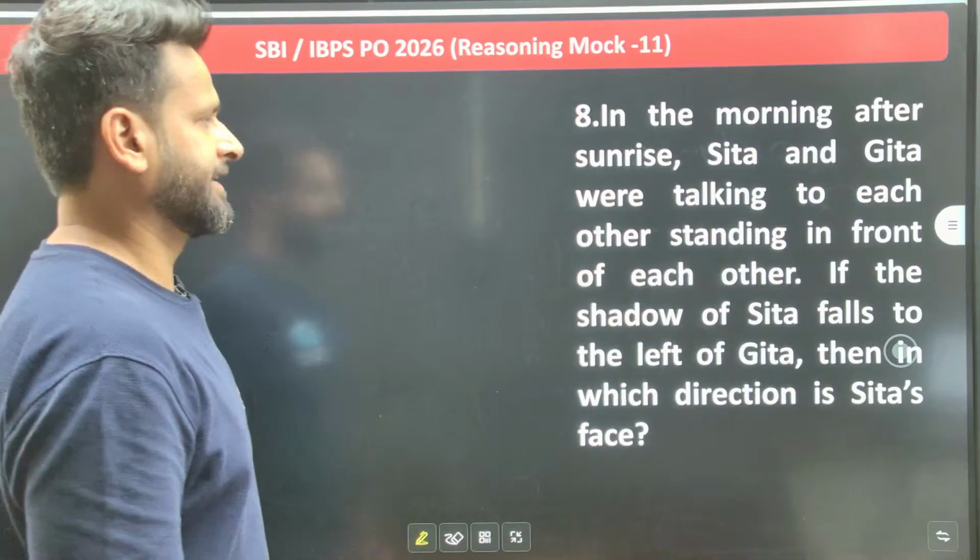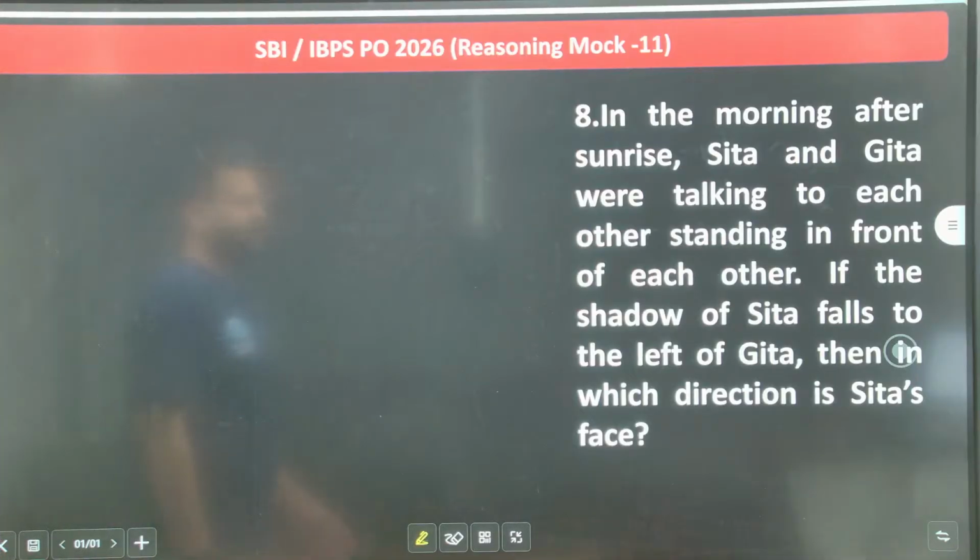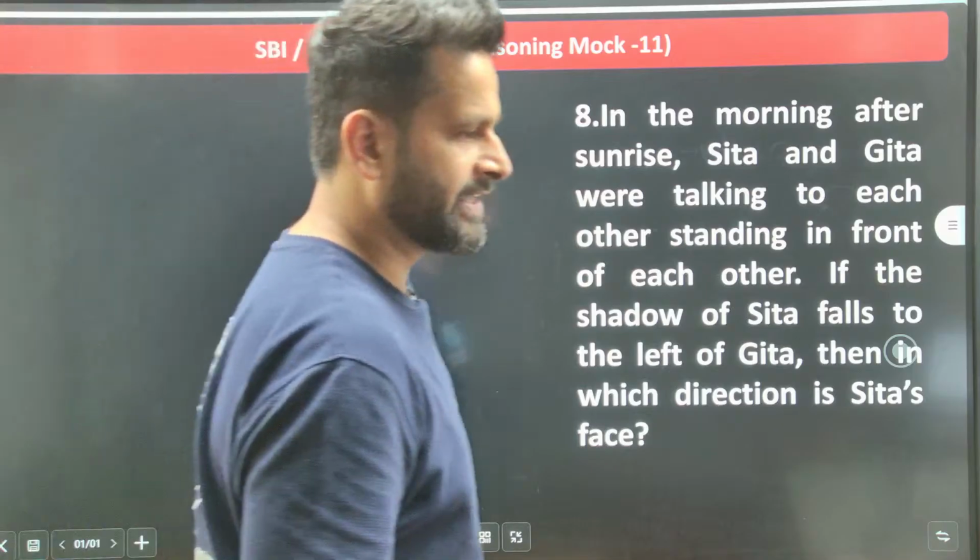The time is of morning after sunrise. Sita and Geeta were talking to each other, standing in front of each other. If the shadow of Sita falls to the left of Geeta, then in which direction is Sita's face?